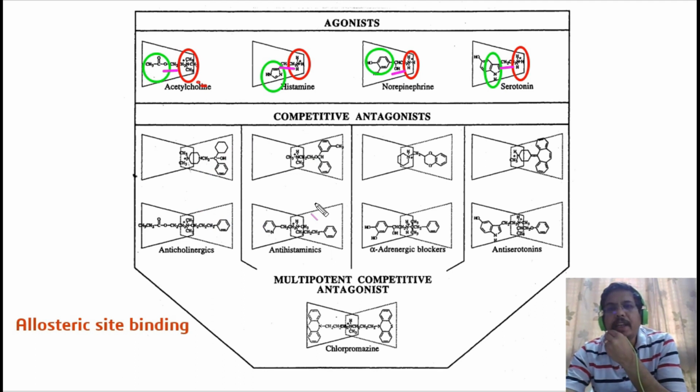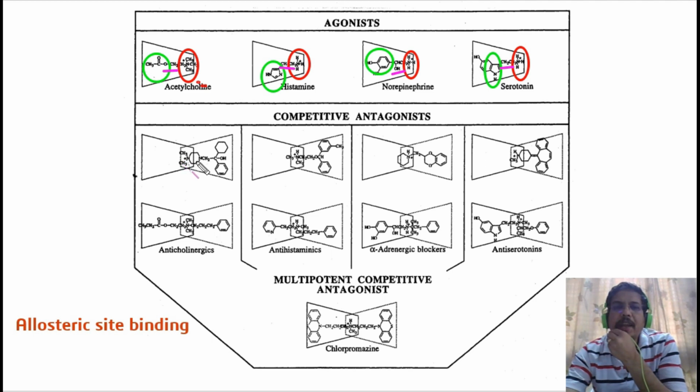antagonist activity? So if you go for the study of all this class of compounds, like cholinergic antagonists, antihistaminic compounds, adrenergic antagonists, or antiserotonin activity, there are different inhibitors known to us, and if you look at their structures, the one area is called the active site.